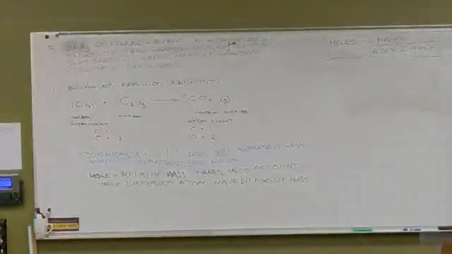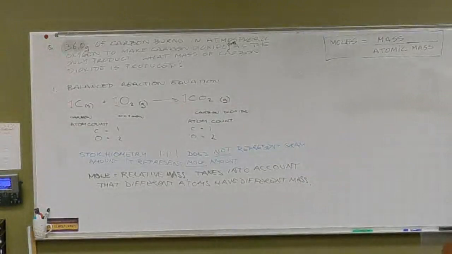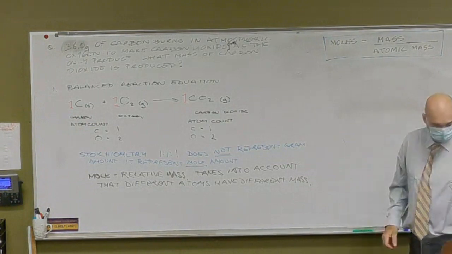At least the most useful. It's going to be the thing that we come back to the most often. We cannot use mass directly in a lot of our calculations. We have to convert it into something relative, and the relative amount is called a mole.